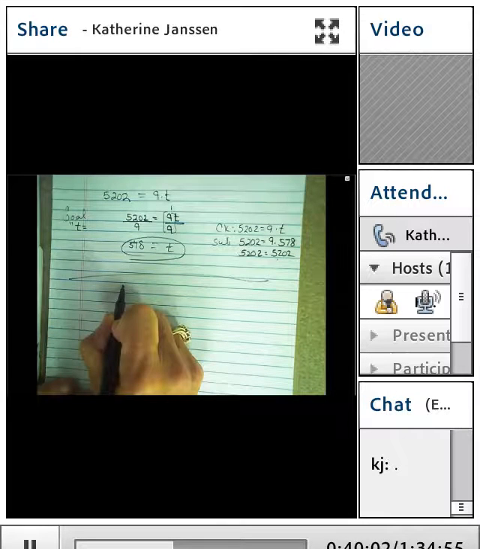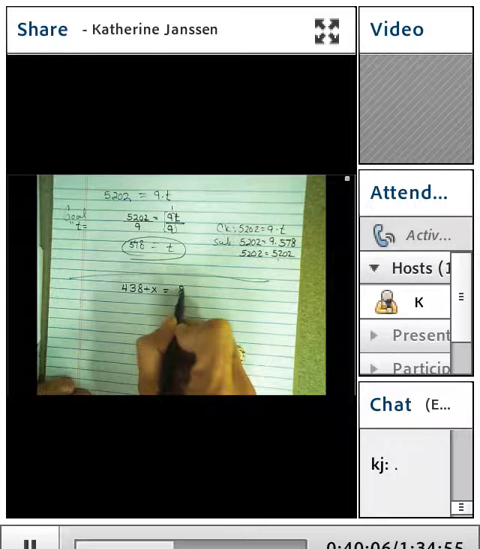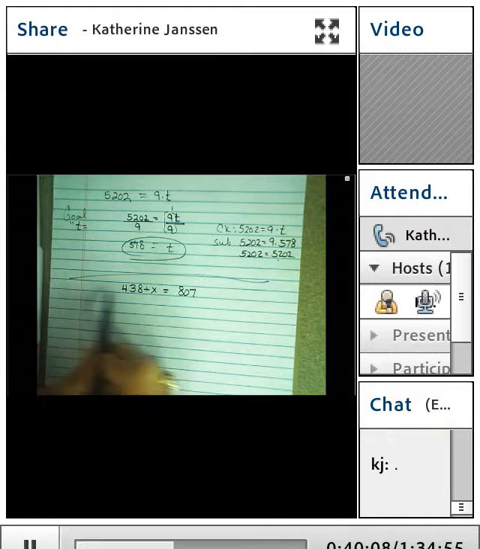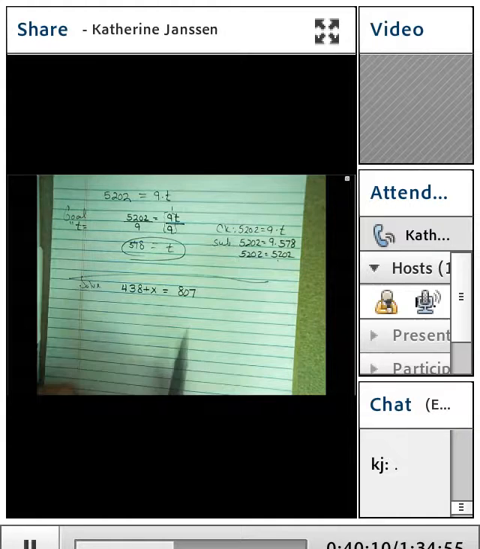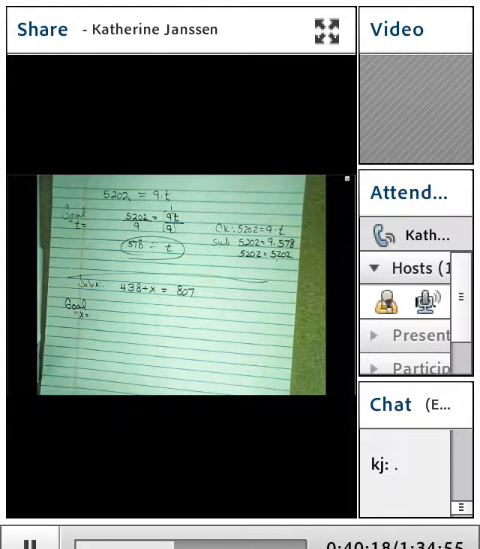You're given 438 plus x equals 807. You're supposed to solve this equation, which means solve for the variable, and our variable in this case is x. So we're going to set our goal as x equals. I want to be able to solve saying that x equals something to end in a true statement. Well, here I'm adding.